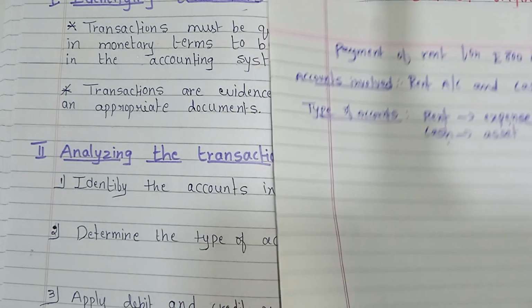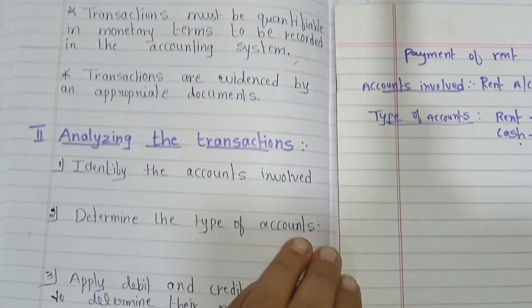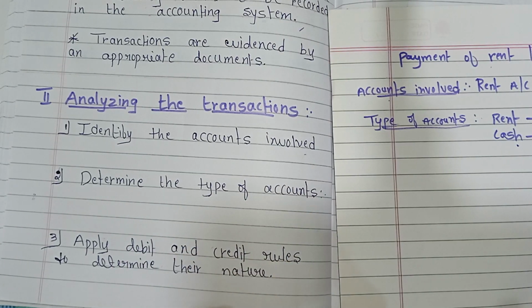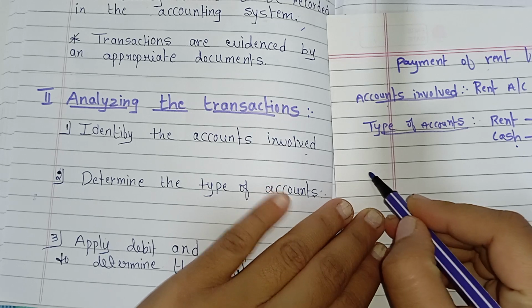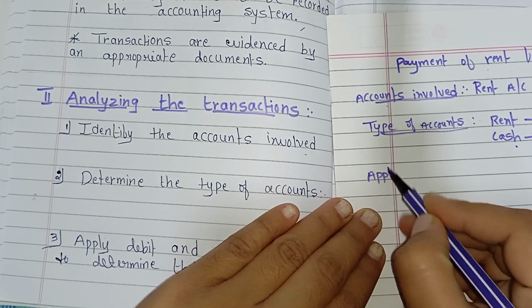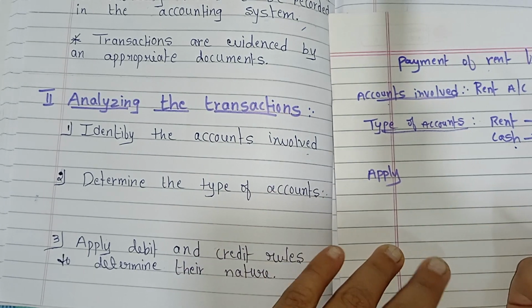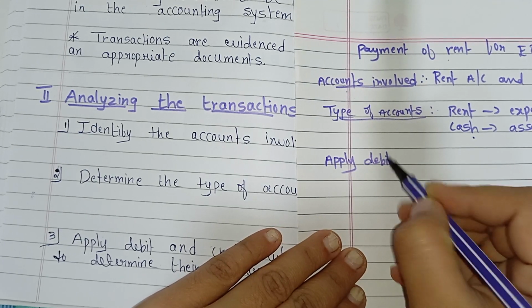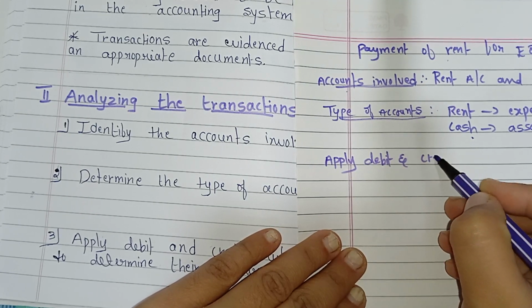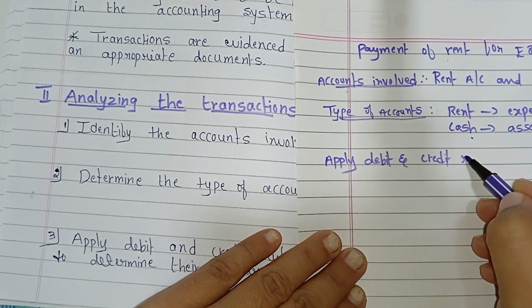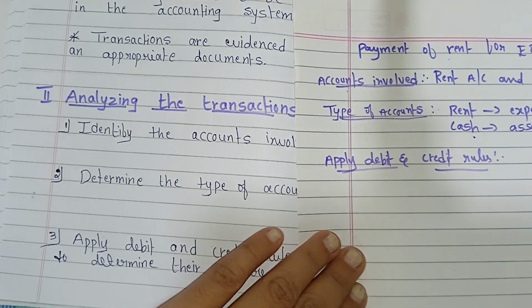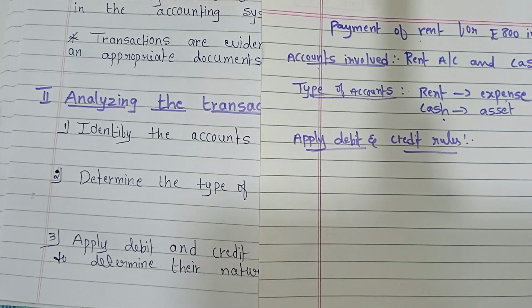So now the third step is that we need to apply debit and credit rules to determine their nature. Now we need to apply debit and credit rules.